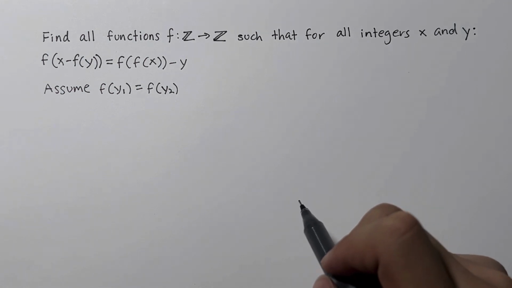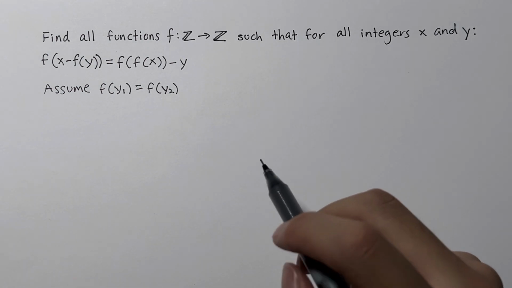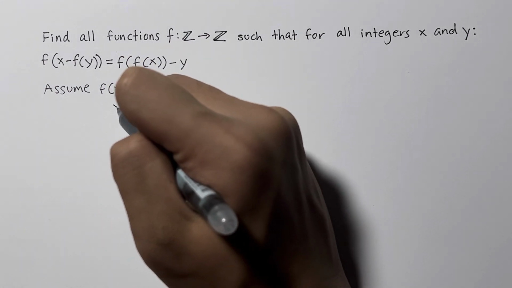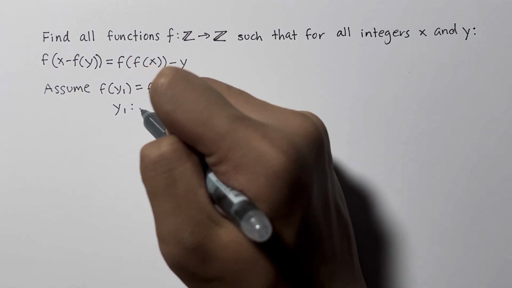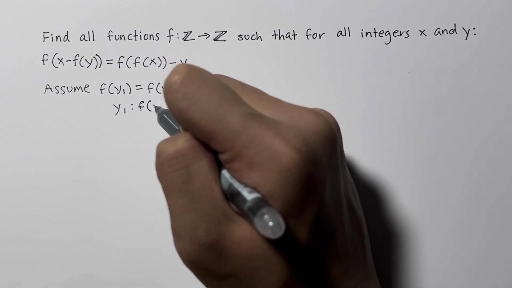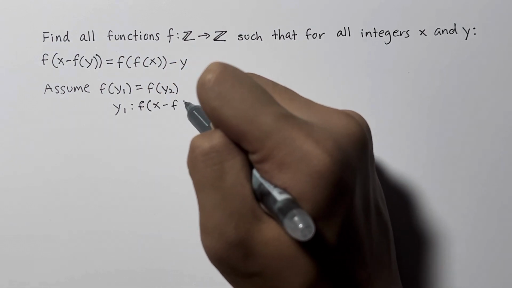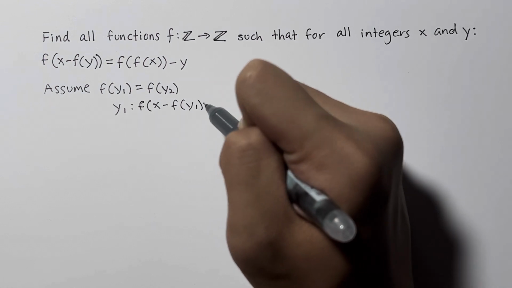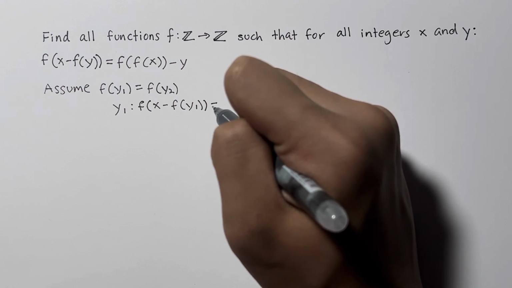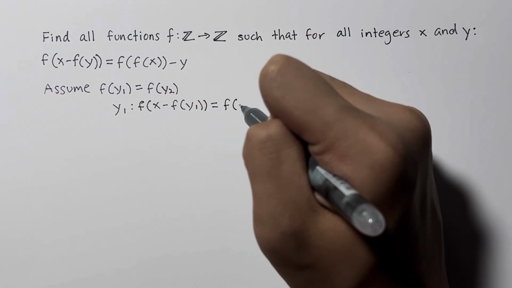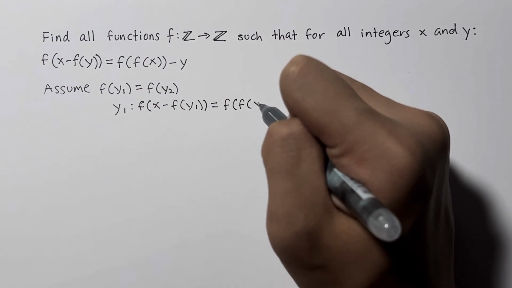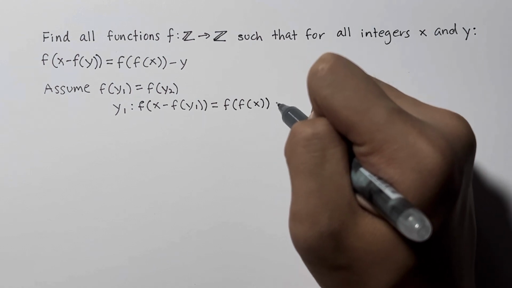Now, if we plug these into the original equation, for y1 it would be f of x minus f of y1 equals f of x minus y1.